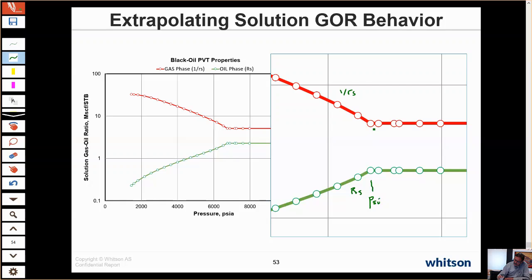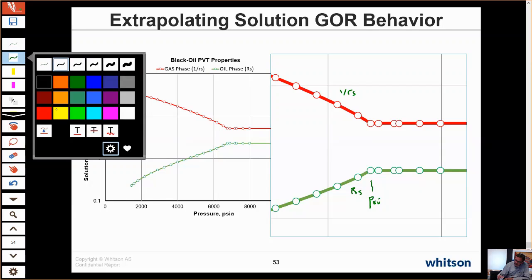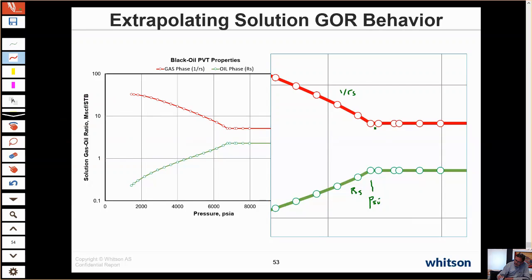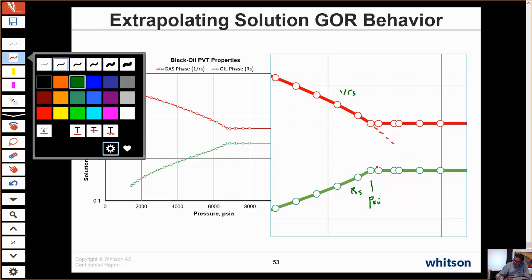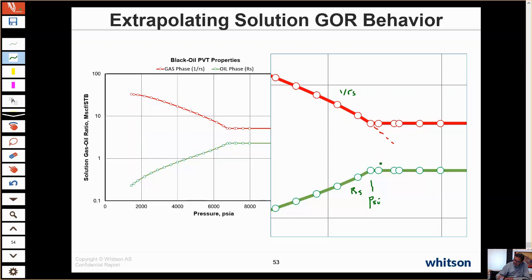What you want to do here is extrapolate that curve here, and extrapolate the RS curve up here where they meet together. Okay? How to do this?